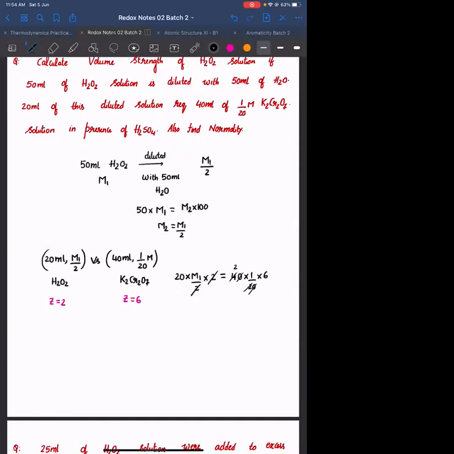Agreed? So this 2 will also cancel. So how much did M1 come out? How much is the molarity? 0.6. 0.6 molar.